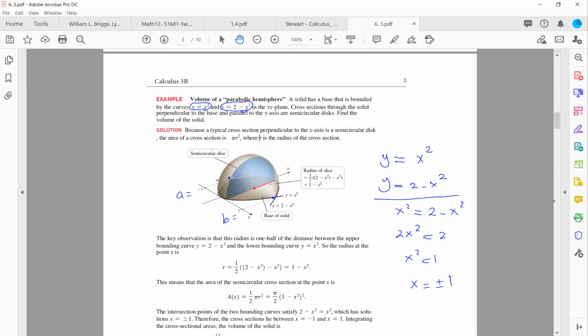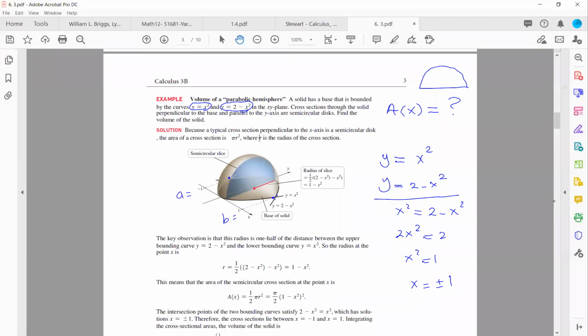Okay, so what is the area? What is A of x? How do we find that? Take a look at the question. It says the cross sections are semicircular discs. So you know that those are semicircular discs.